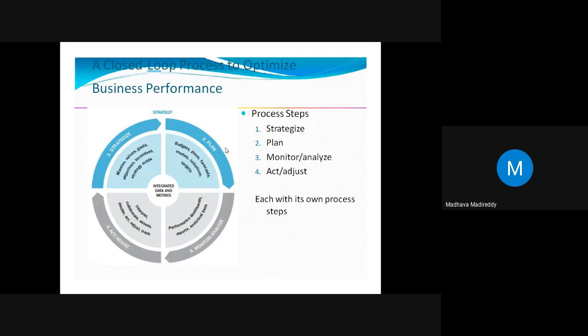So a closed loop process to optimize the business performance could look like this. Now you can see on the circle we have strategize, which means what is your vision, what is your ultimate goal, what is your ultimate strategy. And then we look at planning. We are looking at a managerial level, upper managerial level. We'll do budgeting, forecasting, planning, initiatives, and set the targets.